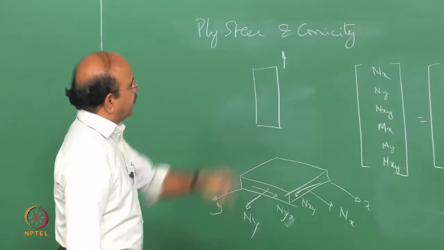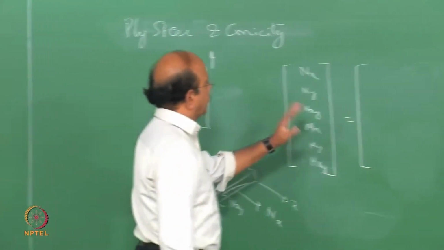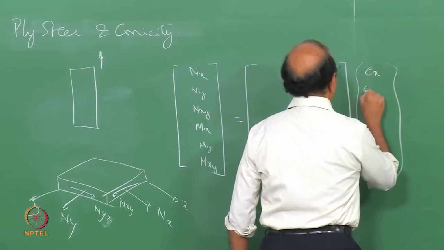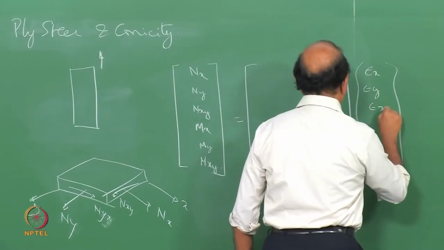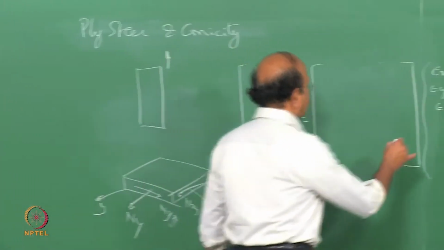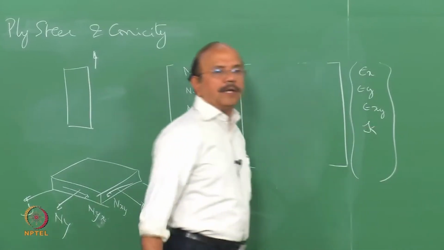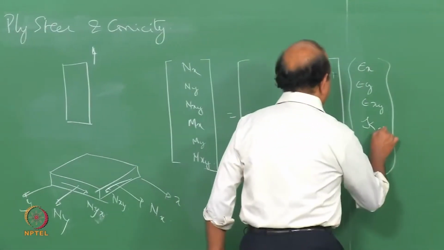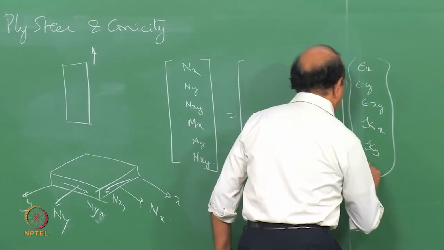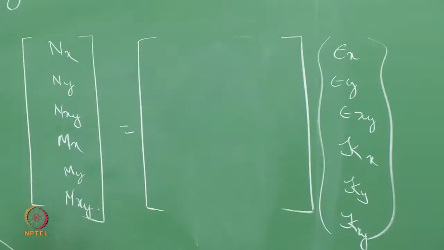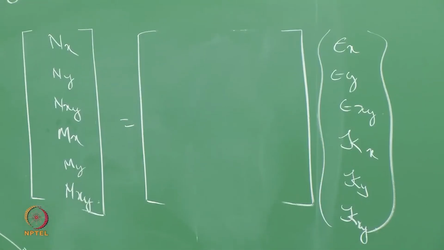Now, what's the right-hand side? The right-hand side has the strains, epsilon x, epsilon y, epsilon xy, and then it's a laminated plate, laminate theory, so you will have what we call curvatures: curvature x, curvature y, curvature xy.